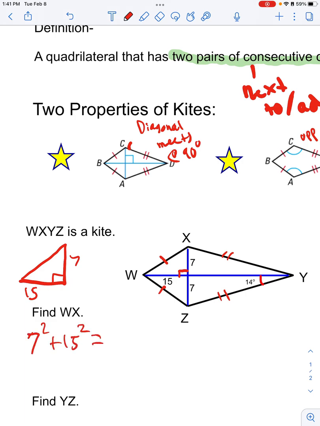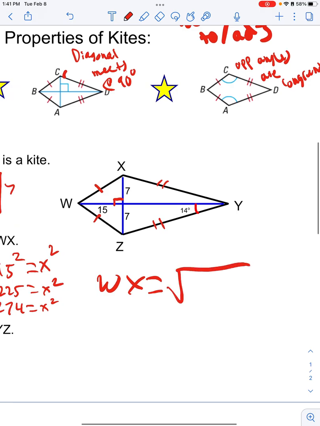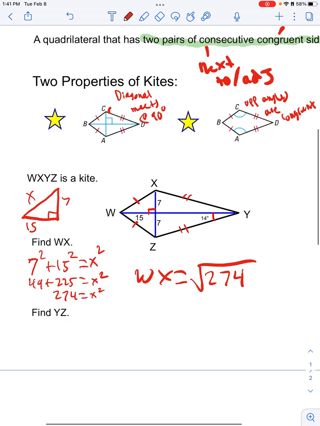So I'm going to use the Pythagorean theorem of 7 squared plus 15 squared. And I'm just going to call this x. Doesn't matter. 49 plus 225 is 274, which means that WX equals the square root of 274.